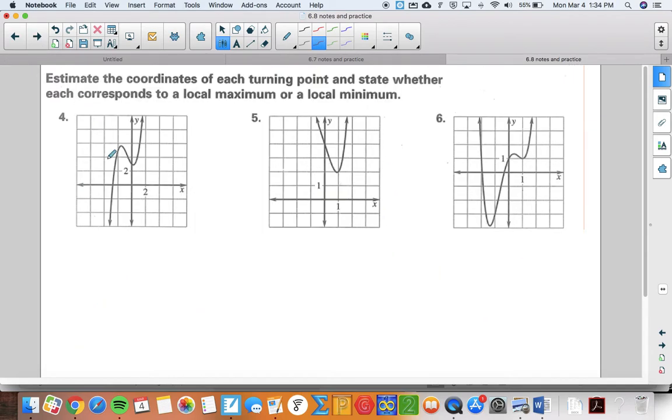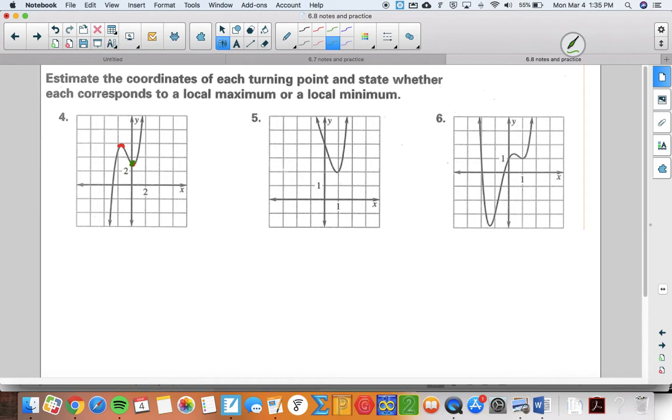Estimate the coordinates of each local point and state whether each corresponds to a local minimum or a local maximum. So wherever it curves or turns, that's a min or a max. And so let me change the colors here. The red point is a higher point.